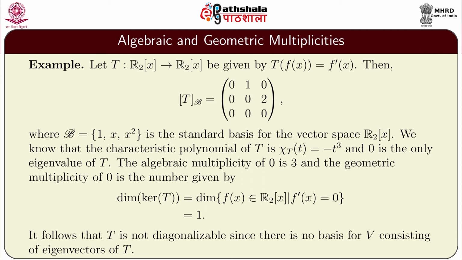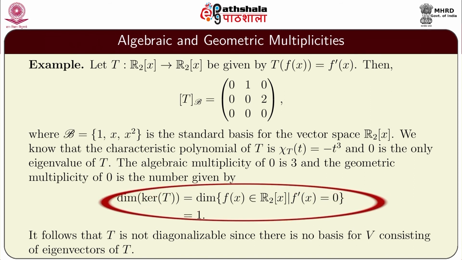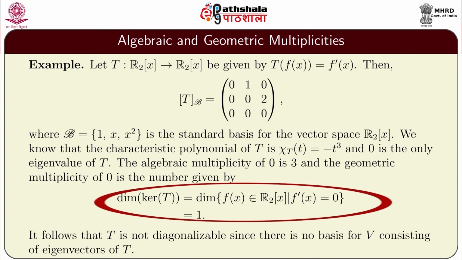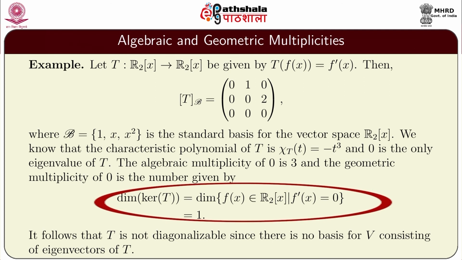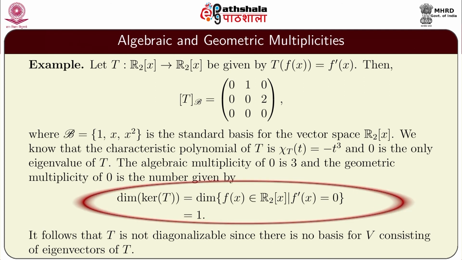Therefore, the algebraic multiplicity of 0 is 3, and the geometric multiplicity of 0 is the number given by dimension of kernel T, that is the dimension of the subspace containing all those polynomials f(x) whose derivative is 0, and therefore these polynomials have to be the constant polynomials, so the dimension is 1.